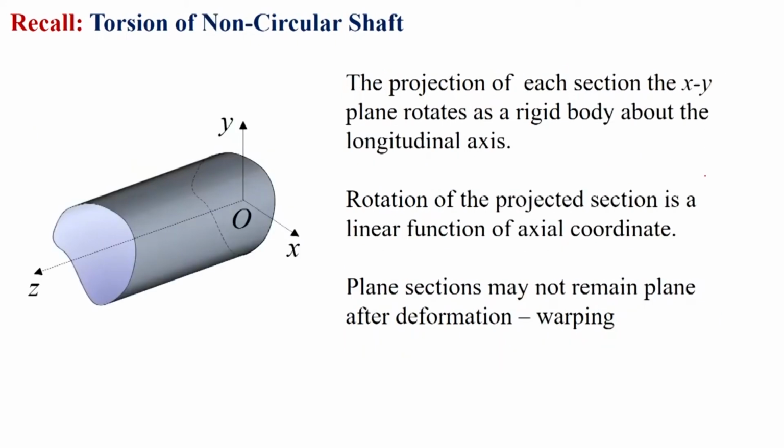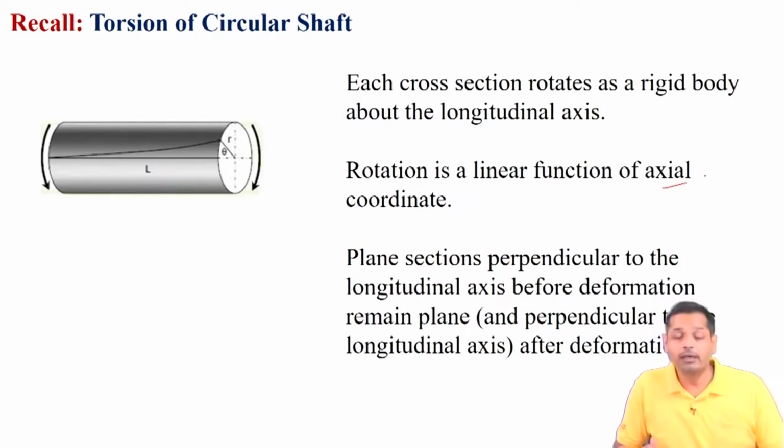But if your shaft is not circular, any arbitrary cross section, we need to change some of the assumptions. The first one will become: the projection of each section on the xy plane rotates as a rigid body, and the rotation of the projected section is linear function of the axial coordinate, and plane section may not remain plane, which was significantly different from the assumptions we had in case of circular cross section.